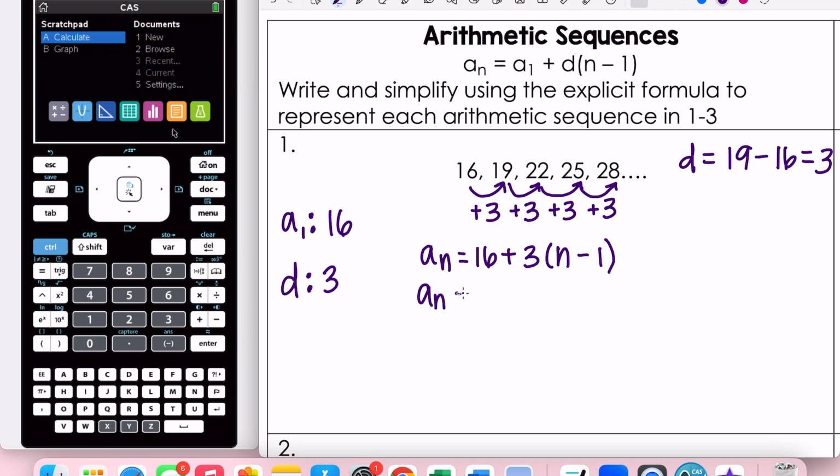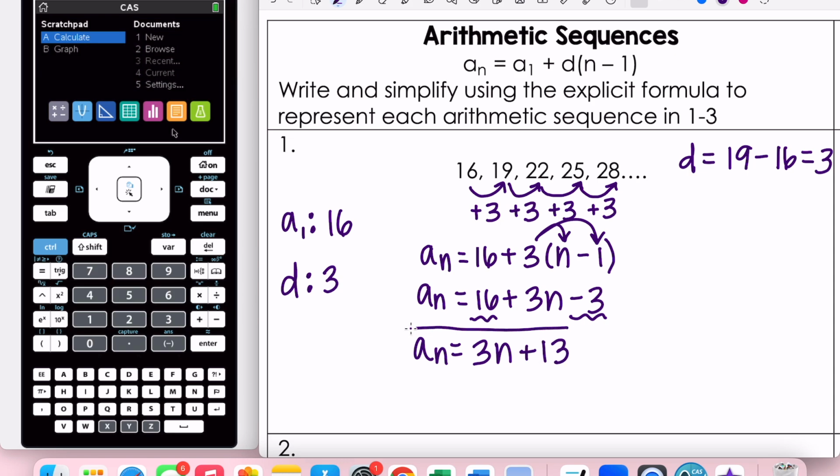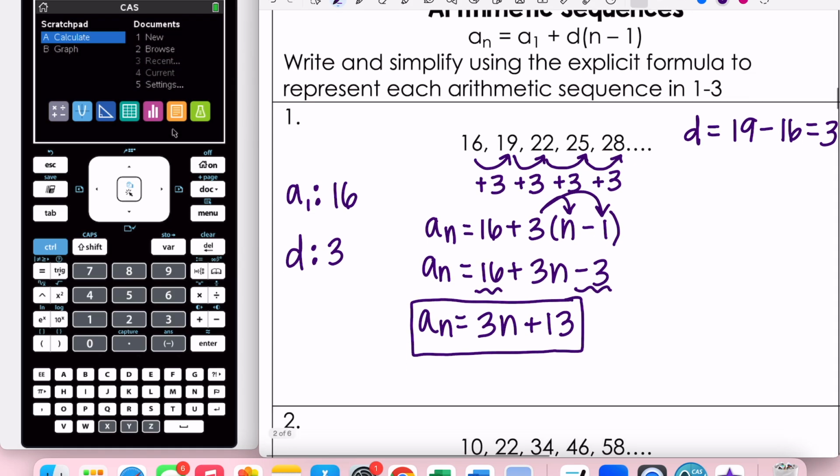So A sub n equals 16 plus 3n, and 3 times negative 1 is negative 3. Now we combine like terms. I drop down 3n, and I can combine 16 minus 3 to get positive 13. So here is my answer: A sub n equals 3n plus 13.